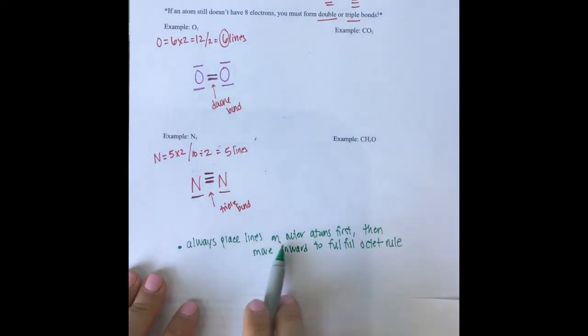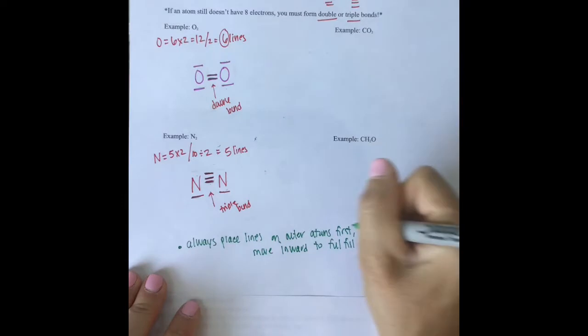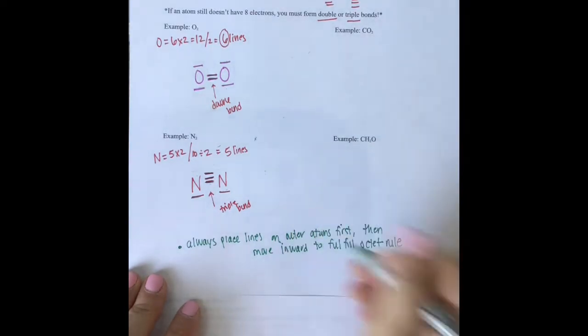Always place lines on outer atoms first, then move inward to fulfill the octet rule.